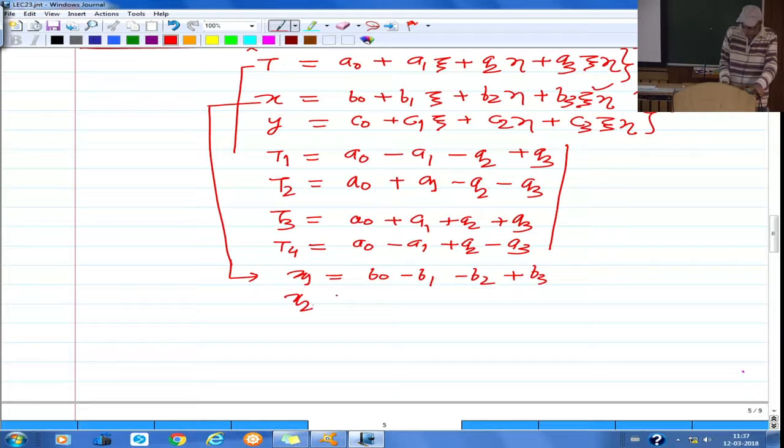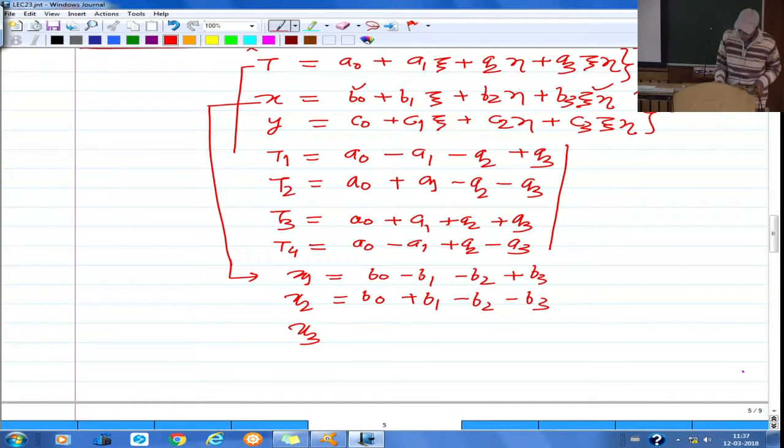Similarly x2 is the value of the x coordinate at node 2, where the corresponding xi and eta values are 1 and -1. So you get b0 + b1 - b2 - b3. The form is the same.